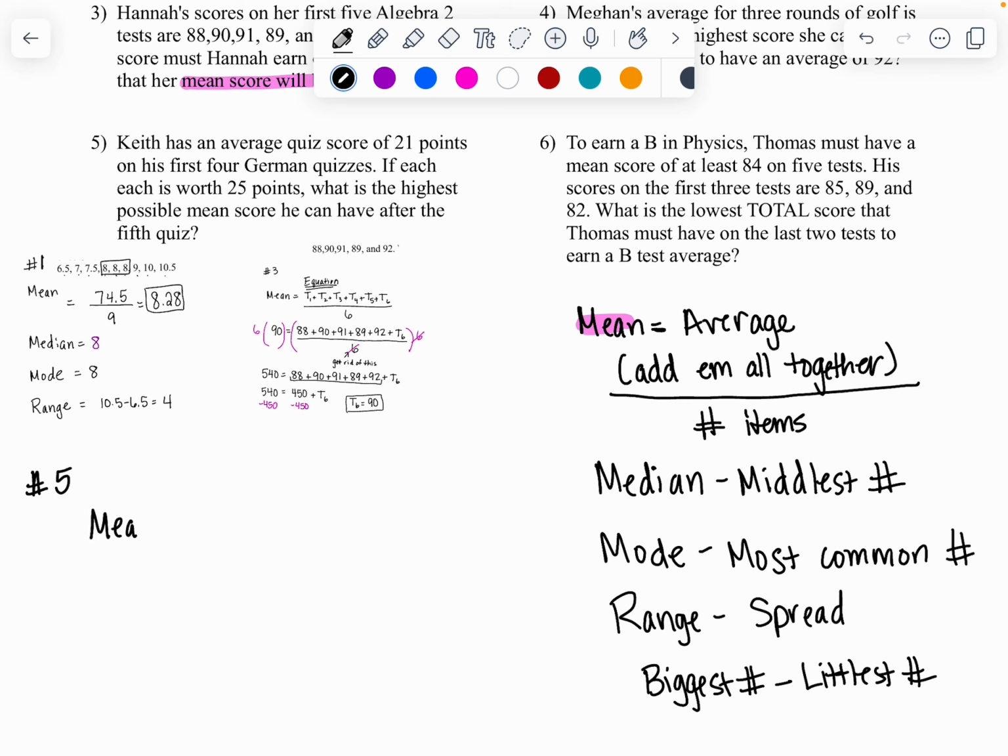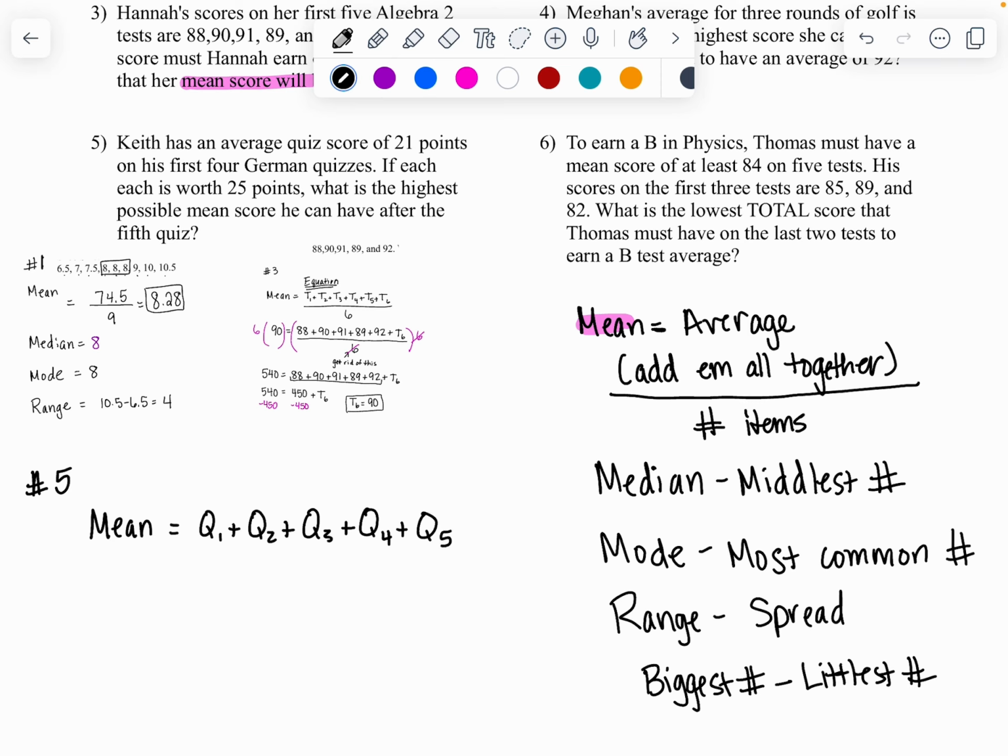So his mean score, they want to know his highest possible mean score he can have after his 5th quiz. If we've got test 1, or no, we're doing quizzes now, so not tests, sorry. Q1 plus Q2 plus Q3 plus Q4 plus Q5.